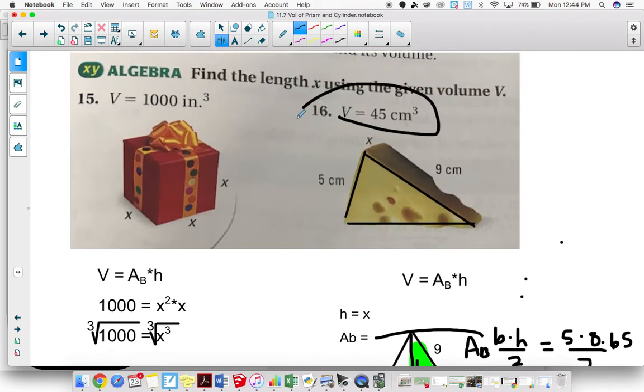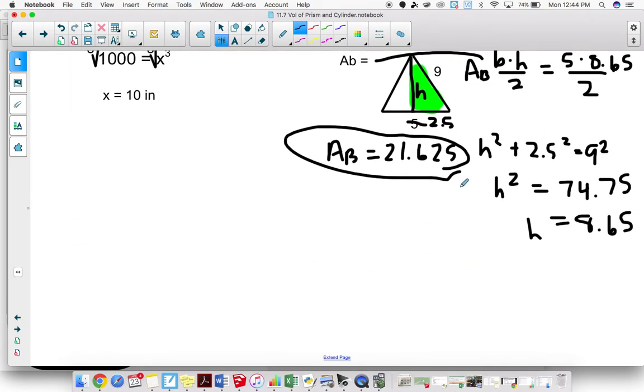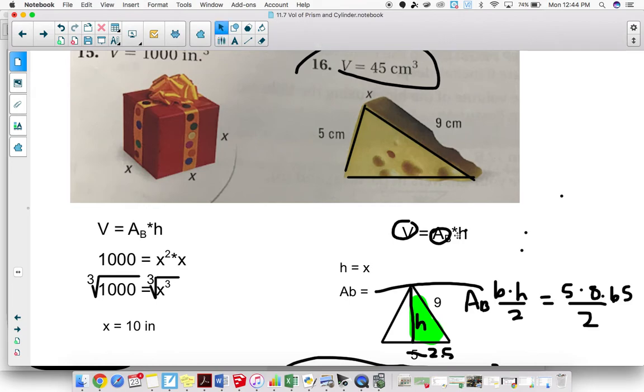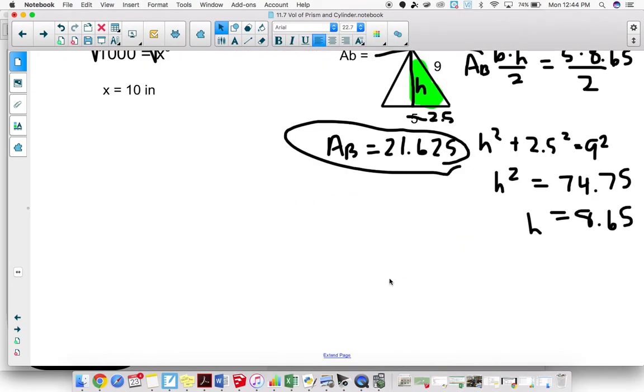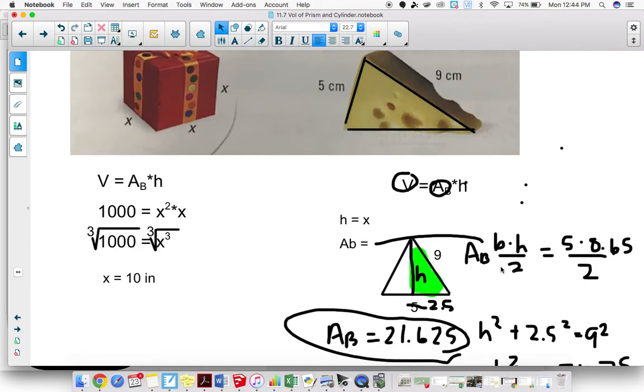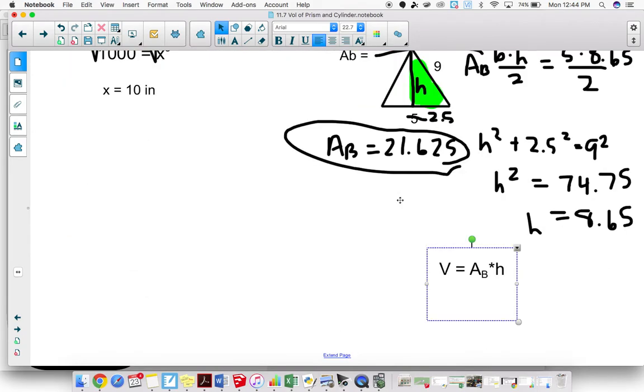We've got our volume. We're just going to replace those numbers into our formula and solve for height. So I'm going to take that formula down below. And we're just going to start replacing what we know. So volume is 45. The area of the base was 21.625.